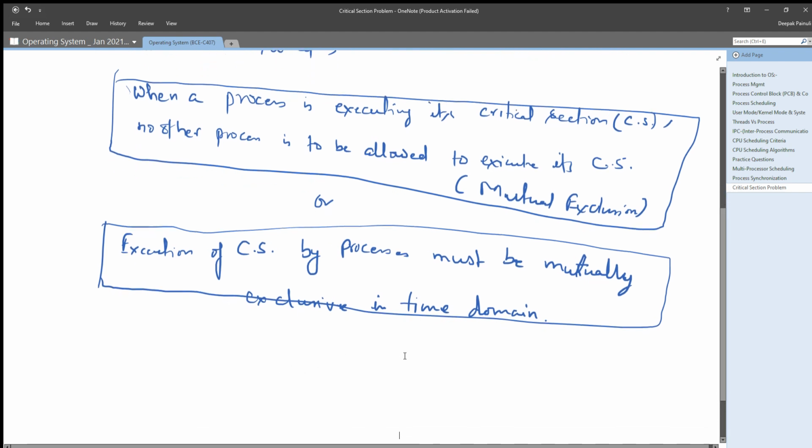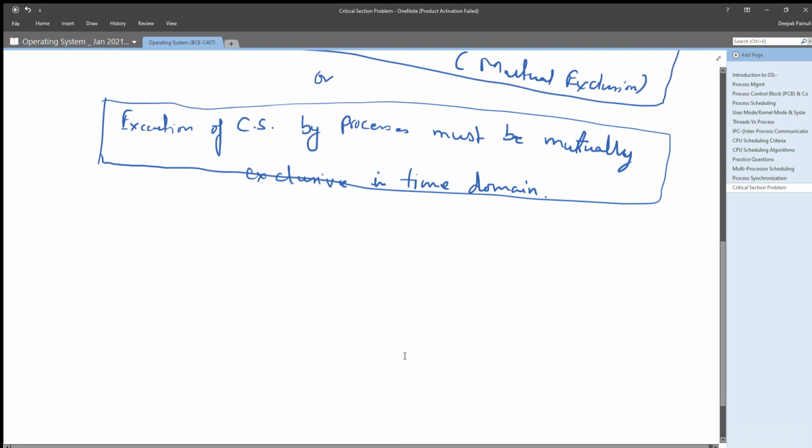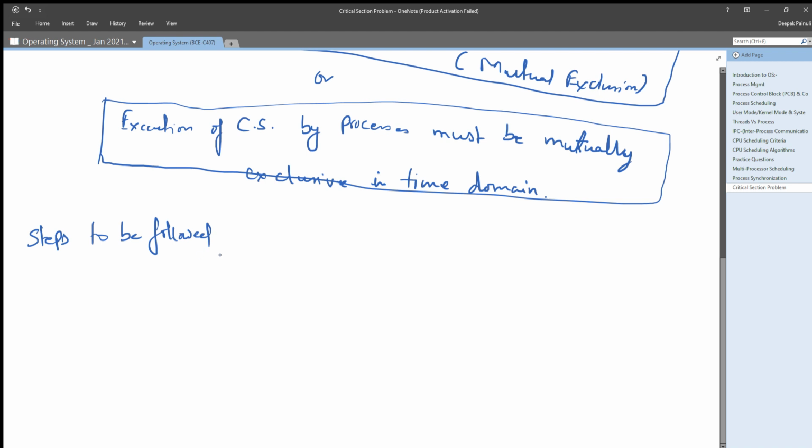What we can do for these steps to be followed is like that. We can divide the general structure of a particular process into parts, right?